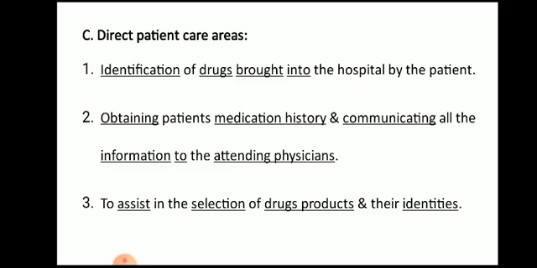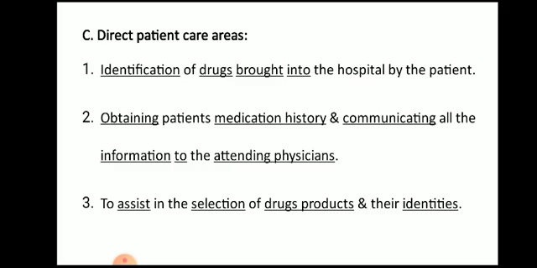Next thing is obtaining the patient medication history. It is another important aspect. In the patient care area, you have to make proper coordination, or you can say proper communication, with the physicians along with the patients, to make a linkage or liaison for a proper flow of information regarding the problems faced by the patient.